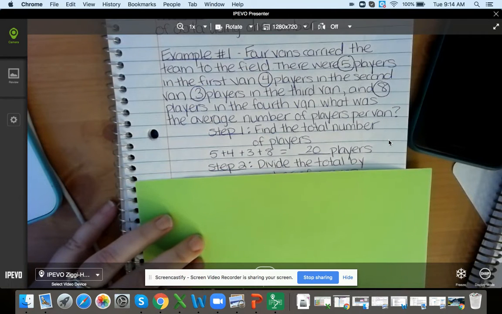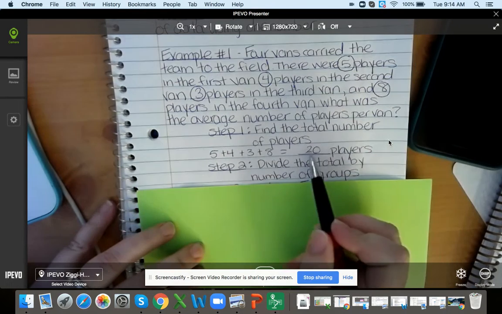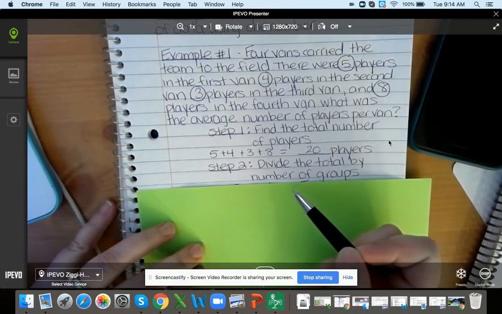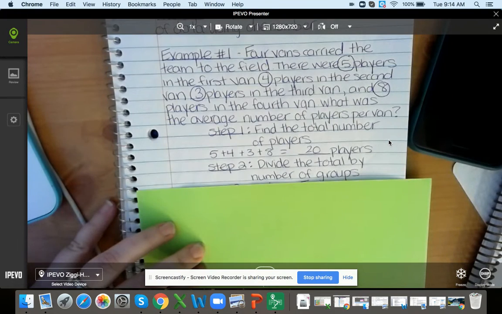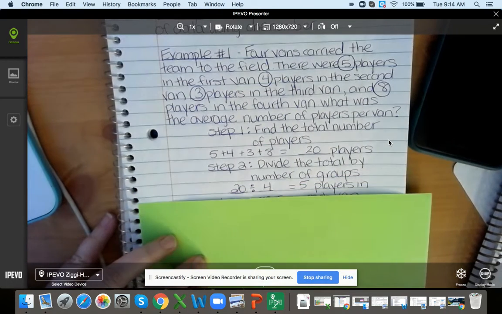The second step you'll need to do is to divide the total by the number of groups you have. So we know you have 20 players, but those 20 players need to go in those 4 vans. So you need to divide the total by the number of groups. I divided 20, which is my total, by 4, which is my number of vans.